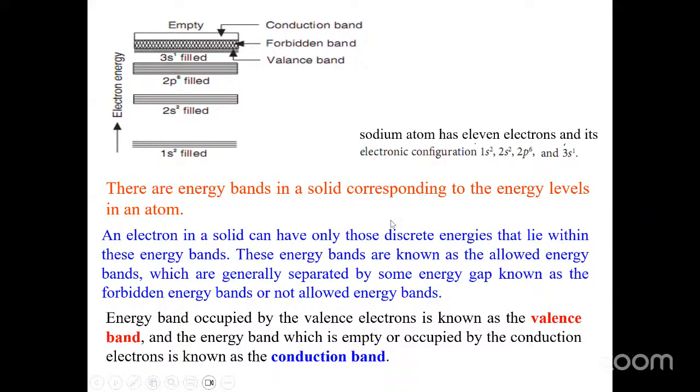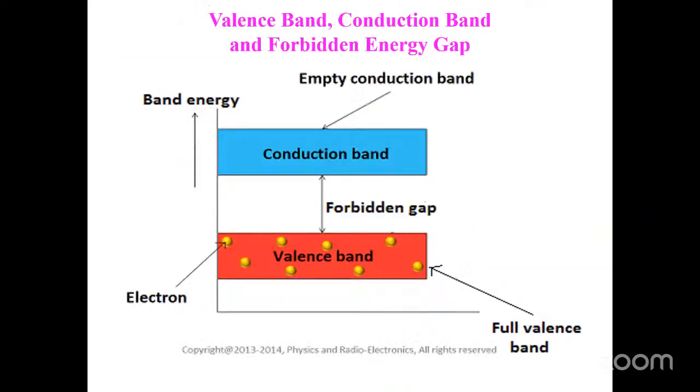The energy band occupied by the valence electrons is known as the valence band, and the energy band which can be empty or occupied by the conduction electrons is known as the conduction band. So see here: valence band, conduction band, forbidden energy gap.